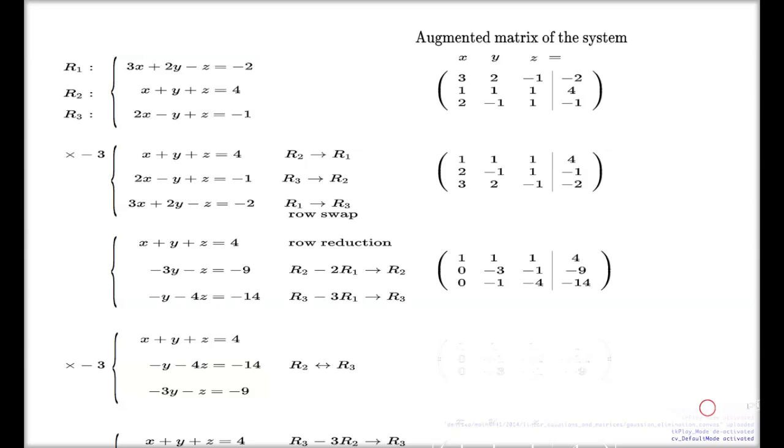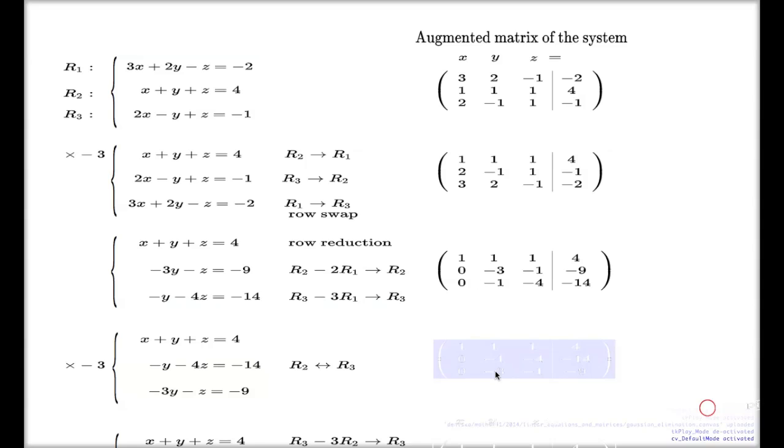Even in terms of how much space it takes, you see it takes less space. But trust me, there are much more improvements you could benefit from doing this in terms of matrices than just simply saving space and the amount of things you write. Hopefully by the end of this year, or even by the end of the semester, you will see a lot more benefit of doing things in terms of matrices rather than systems.